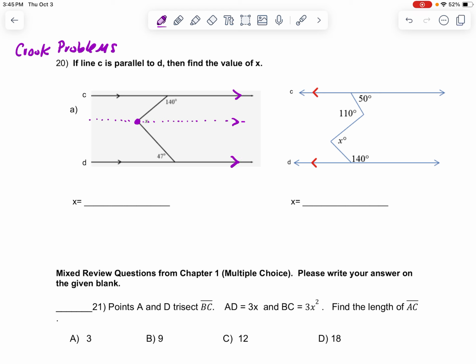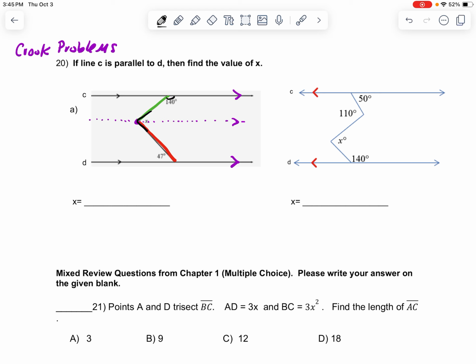The reason we need to do that is because then we create two separate transversals. We create a transversal here, and then we also create a different transversal here. And so we use that so that we can view things separately. So for instance, if I looked at the top of this angle, this one here is 140, and my goal is to figure out what the entirety of angle X is.